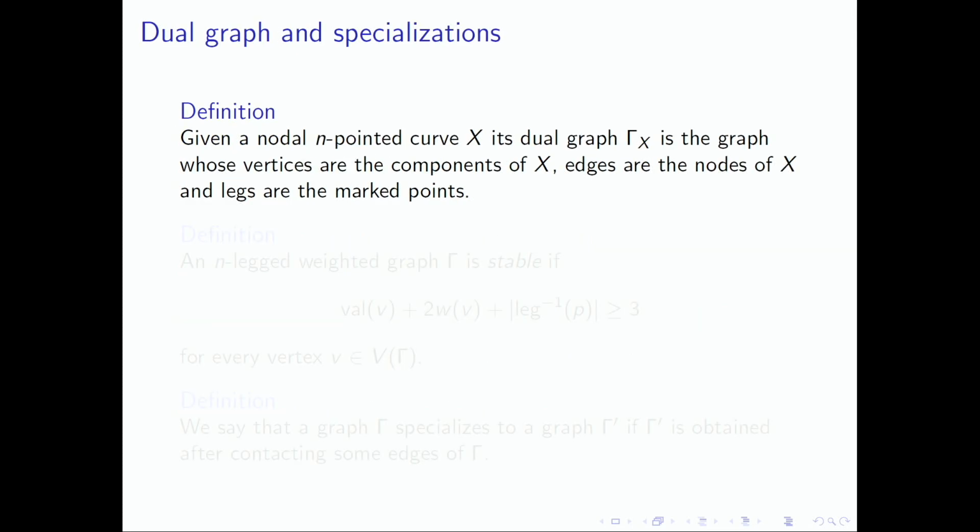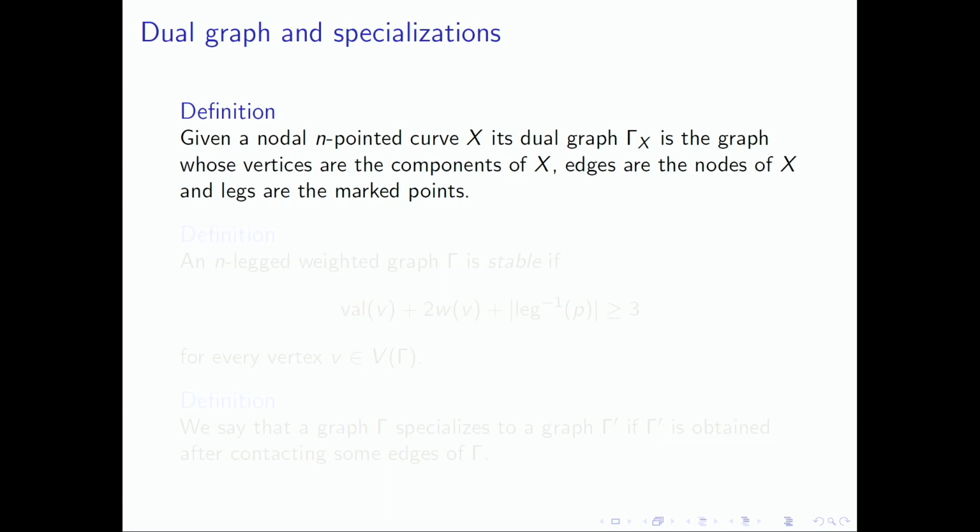So there is already an interplay between algebraic curves and tropical curves. And the first step to do this interplay and this comparison is the dual graph of a nodal n-pointed curve.